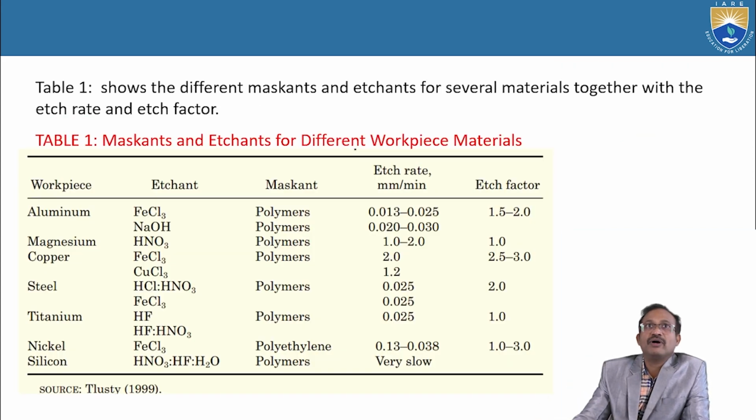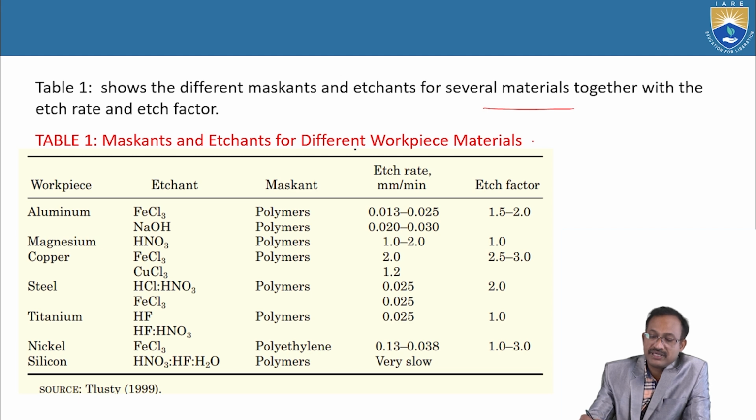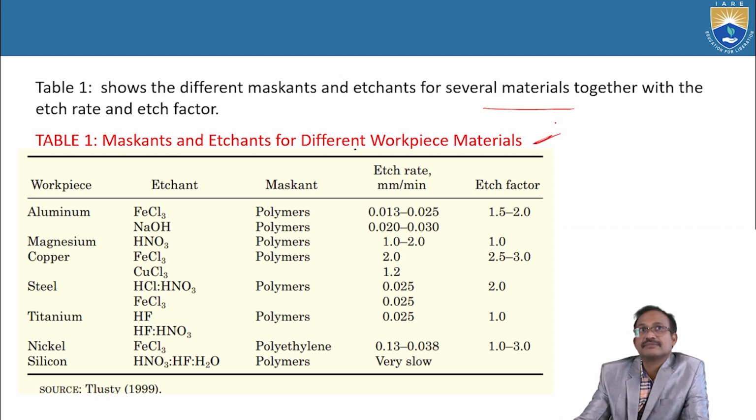Now from Table 1, different maskants and etchants for several materials, together with the etch rate and etch factor. Table 1 lists maskants and etchants for different workpiece materials.